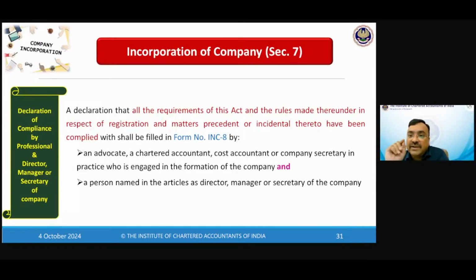But who will give this declaration? Who will be responsible for this declaration?